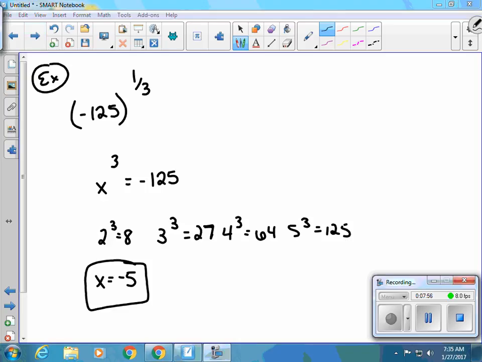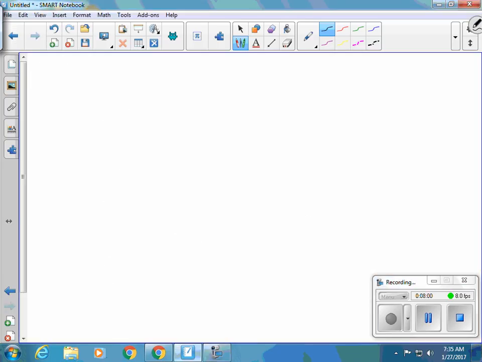So the other good thing though is, even though I'm showing you how to do this without a calculator, if you were to have, I don't know, x to the power of 6 equals 120, you could evaluate this and approximate your solution a lot quicker if you were to instead rearrange this so it was x equals 120 to the power of 1/6. That would be easier for you to type in rather than trying to do the guess and check method.